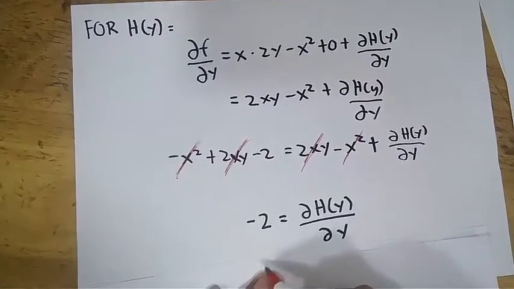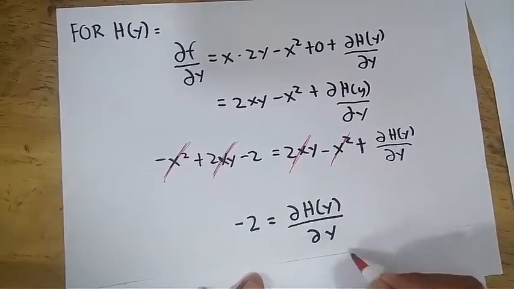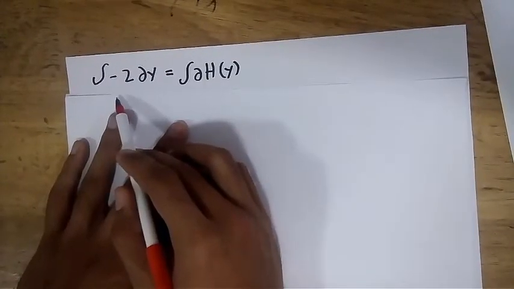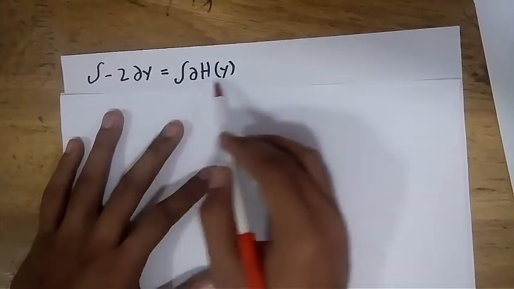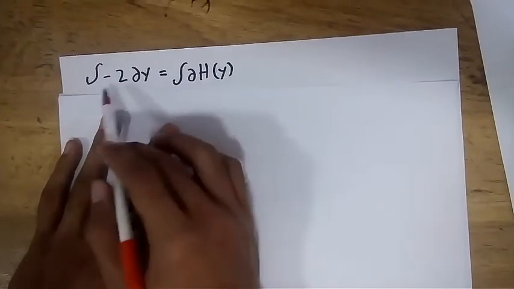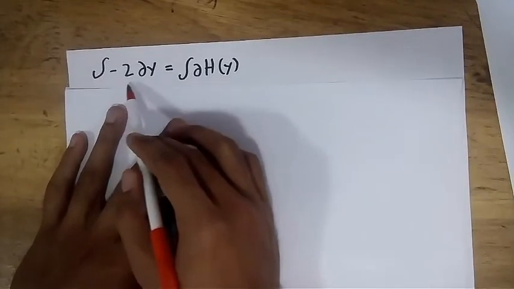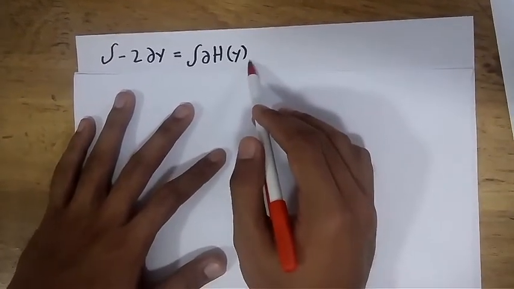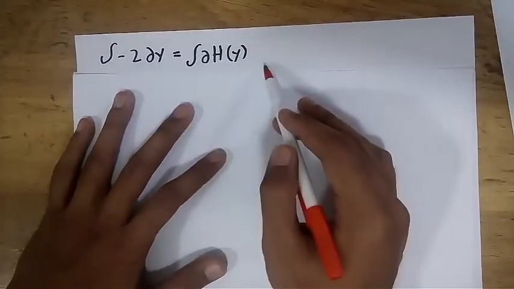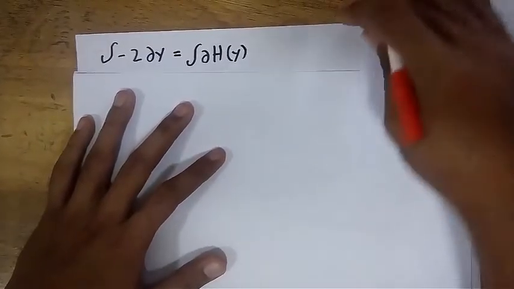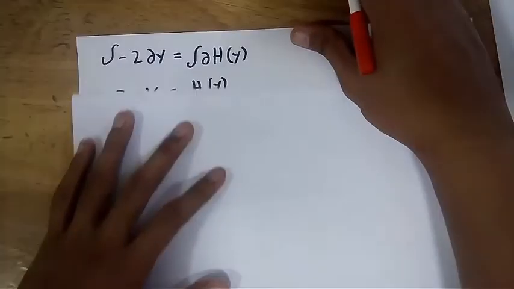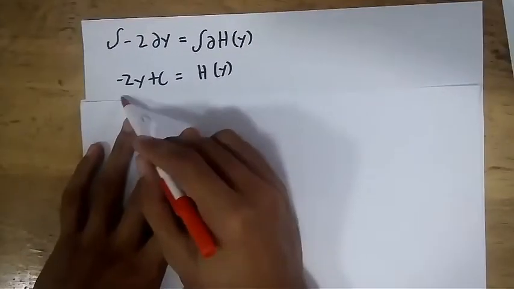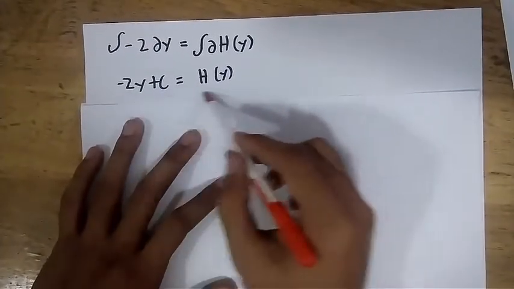So now let's integrate the formula we have. The integral of negative 2 dy plus c equals the integral of h prime of y. So negative 2y plus c equals the function of y.